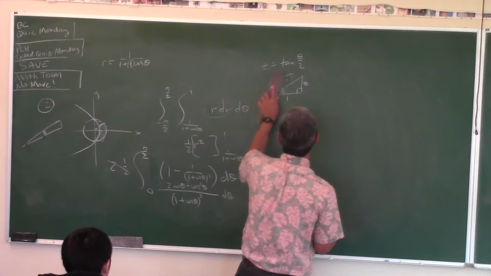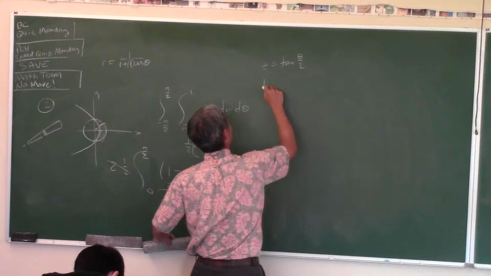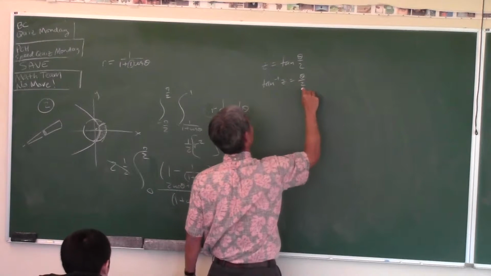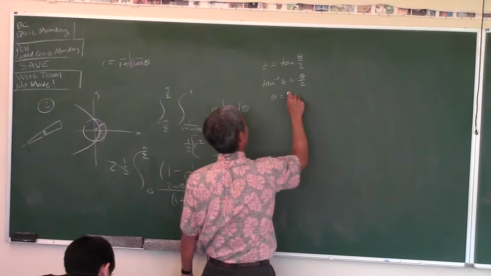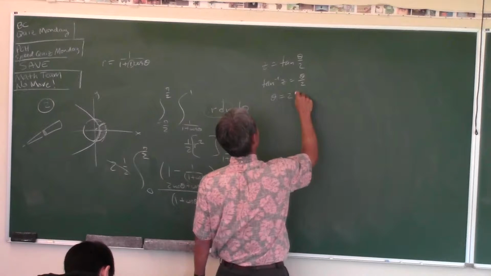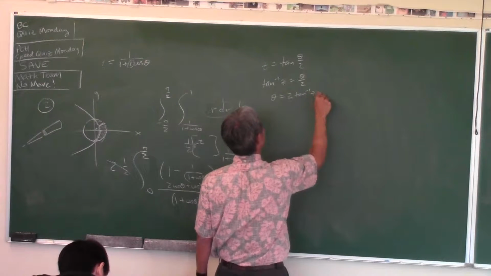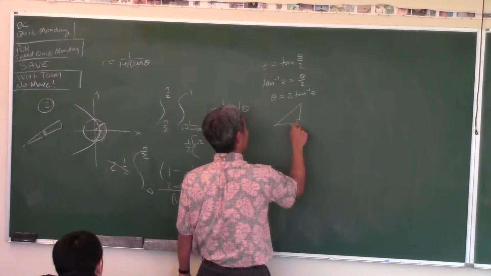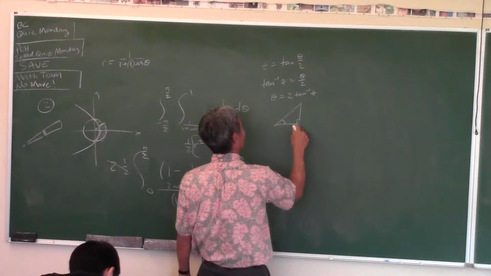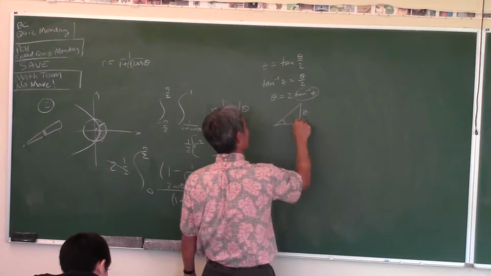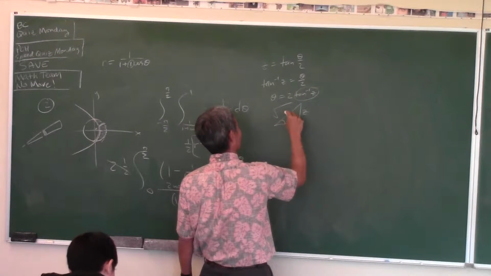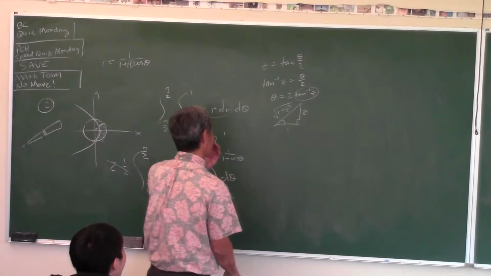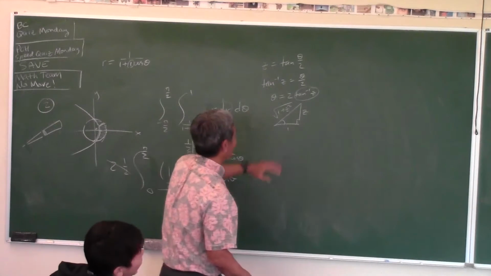I think I went tan inverse z equals theta over 2. So theta is equal to 2 times tan inverse z. So what does the picture for tan inverse z look like? Tan inverse z looks like this, z over 1. It's the same picture, with 1 plus z squared.